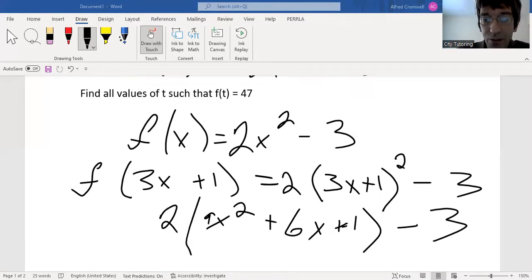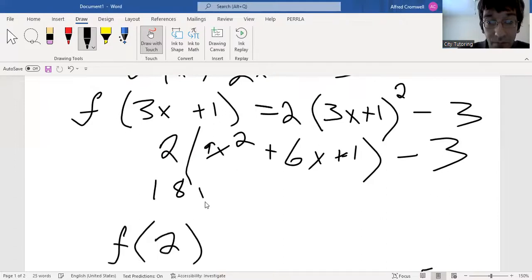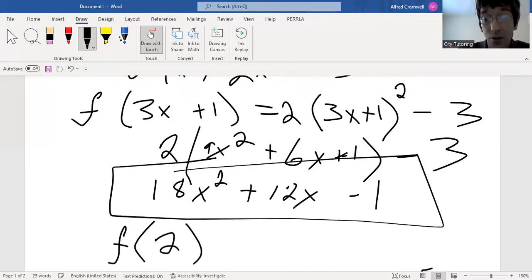So now outside the parentheses, you have a 2. 2 times 9x squared yields 18x squared. 2 times 6x gives you 12x. 2 times 1 is 2, but 2 minus 3, that remaining constant, is minus 1. So this is now your new solved problem.